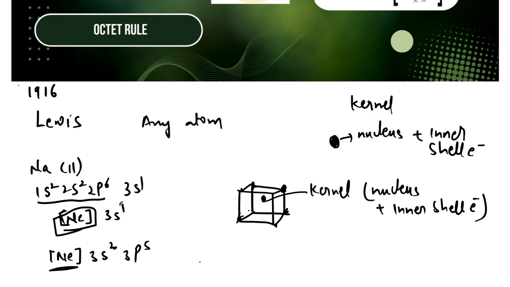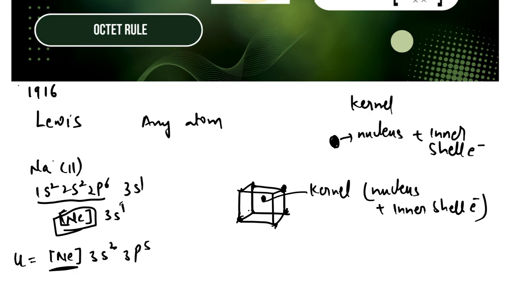So this was the idea of Lewis, and he said that any atom tries to achieve a configuration where all these corners are full. That is, they try to achieve a stable outer octet, either by losing electrons or by gaining electrons. For sodium, it is beneficial to lose one electron to get a stable octet, whereas in the case of chlorine, it is beneficial to gain one electron to get a stable octet.